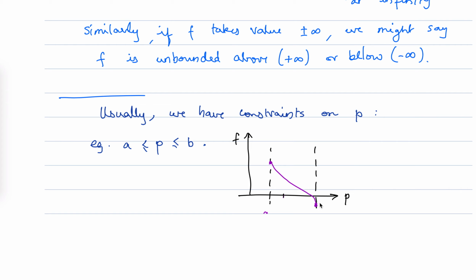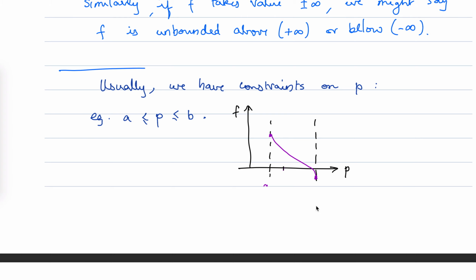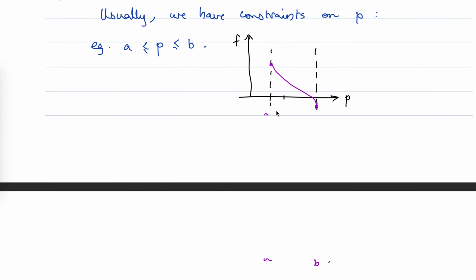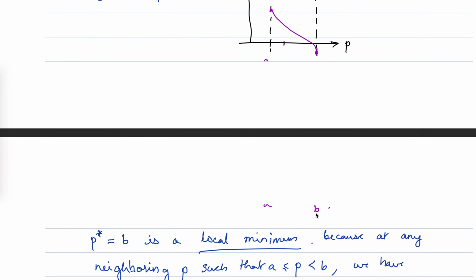So imagine this function in this range. Let's say this is a, this is b. In this range, the function does not have slope equal to 0 anywhere, but this would be considered a minimum, right? p equal to b. The page appears to have been cut off, I guess. This is a, this is b. This thing should go up there.